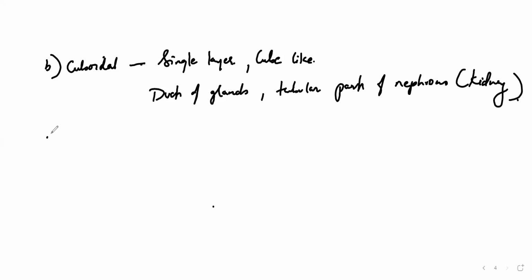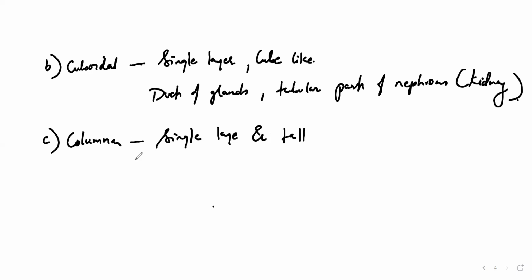Then comes the third one, which is columnar. Again, columnar means the cells will be a single layer and tall. So they will have their nucleus at the base of the cell. If this is a columnar cell, at the base you will find the nucleus.